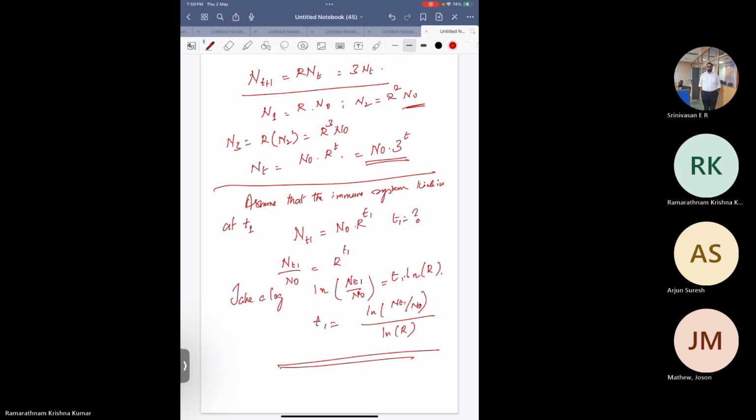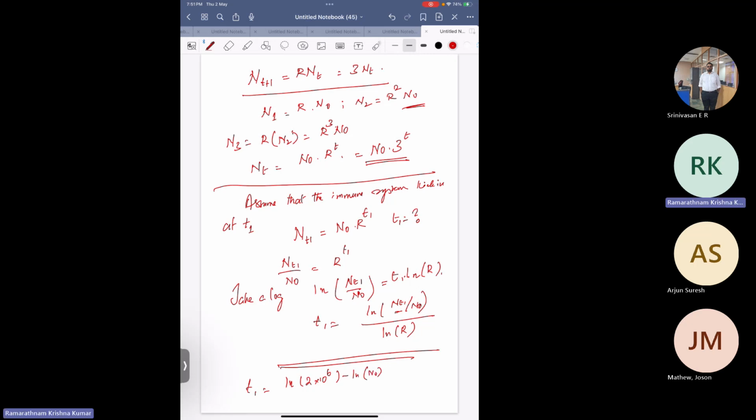So N t1 is what? This number is 2 into 10 to the power of 6. So the numerator is ln of 2 into 10 to the power of 6, minus ln of N naught.